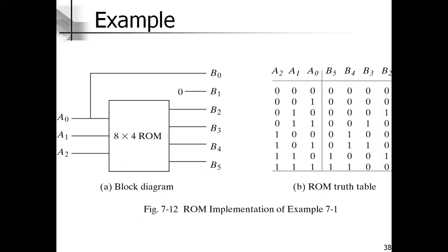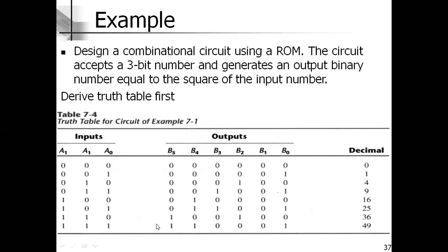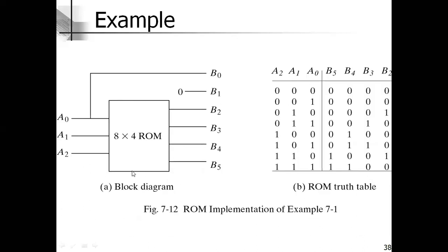Here there is no combinational circuit given, only the truth table directly. So what is the ROM structure here? 8 by 4 ROM.